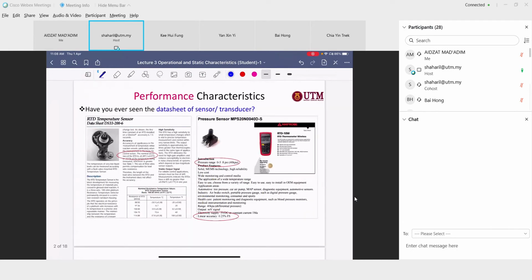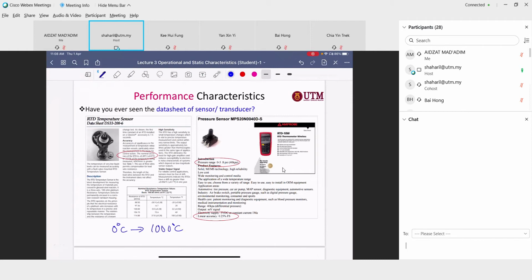When you want to decide, for example, you want to measure the temperature, you need to know what your requirement is. Do you want to measure the temperature starting from 0 degree to 1000 degree?